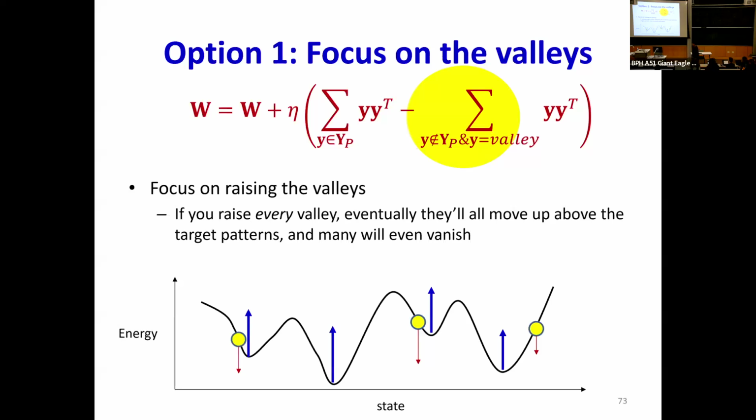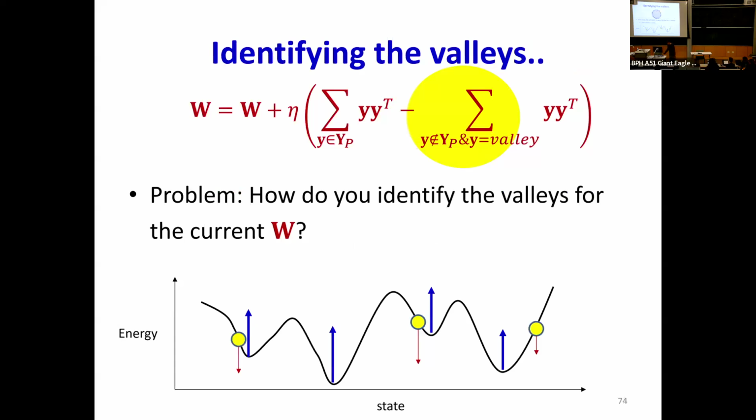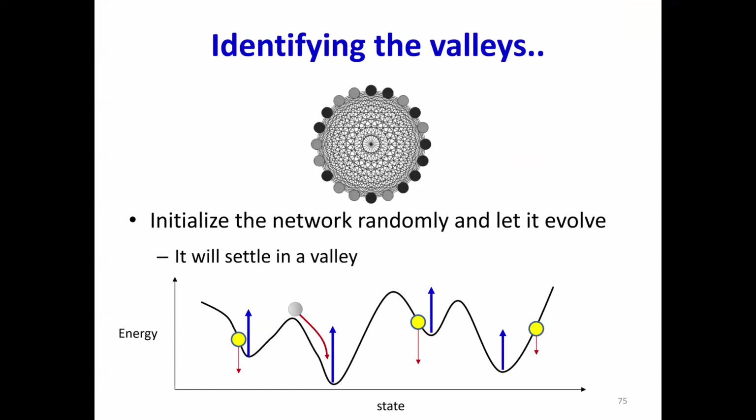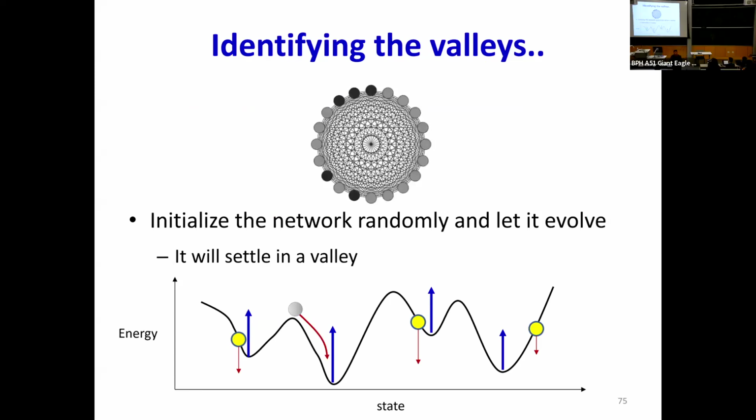And so all I need to do is to initialize the network at my target patterns, then let the network evolve. When it stops evolving, it's going to be at the local valley, right? And so the solution is very simple. Here's what we will do.